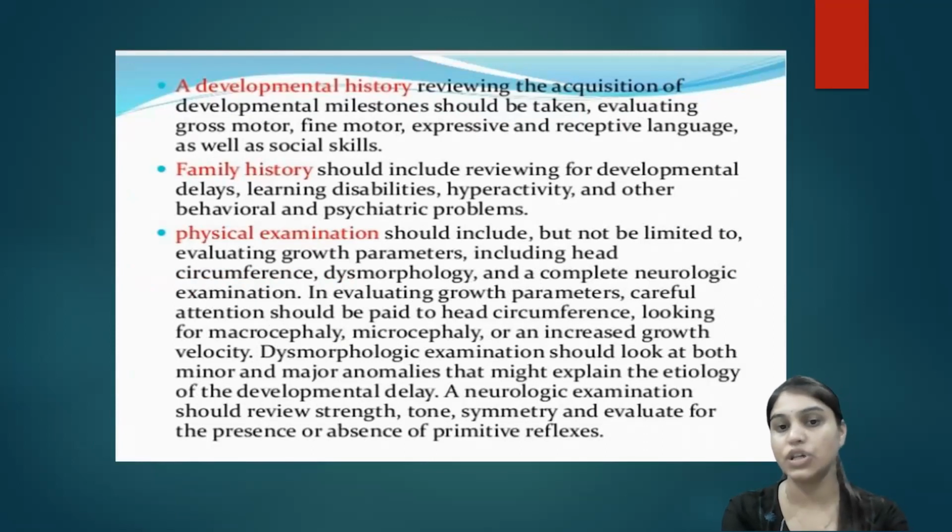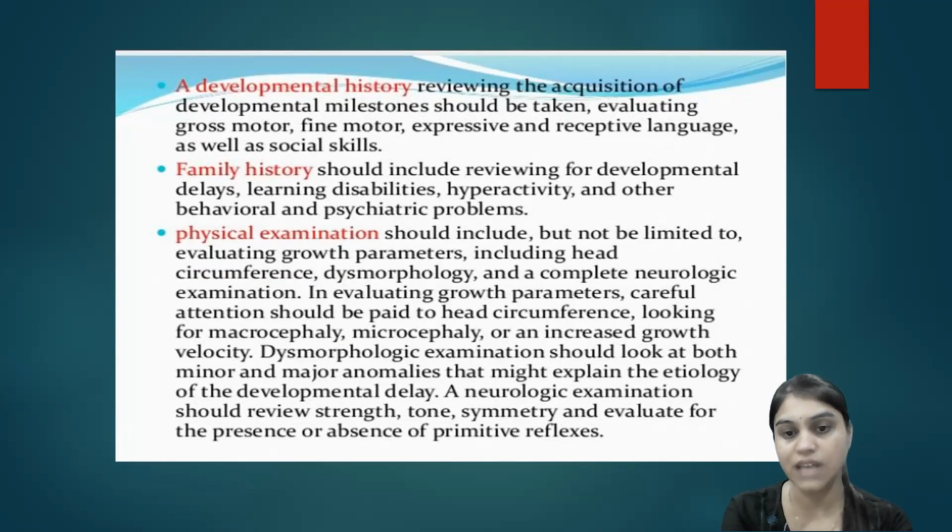Physical examination should include, but not be limited to, evaluating growth parameters including head circumference, dysmorphology, and a complete neurologic examination. In evaluating growth parameters, careful attention should be paid to head circumference, looking for microcephaly or macrocephaly as an increased growth velocity.